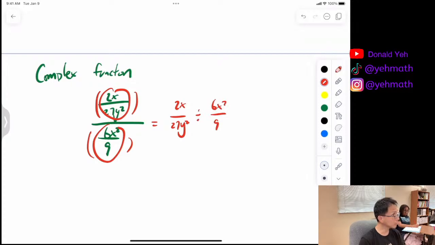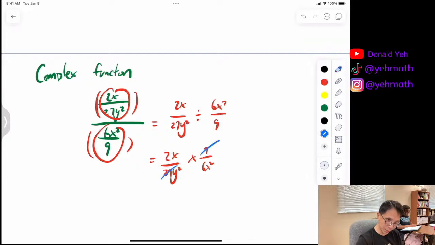Is that okay? Did I do anything crazy? No. 2x over 27y squared times 9 over 6x squared. Now I can see anything I can simplify. The 9 and 27 times y squared, they have a common factor. So that is going to give you a cancel.